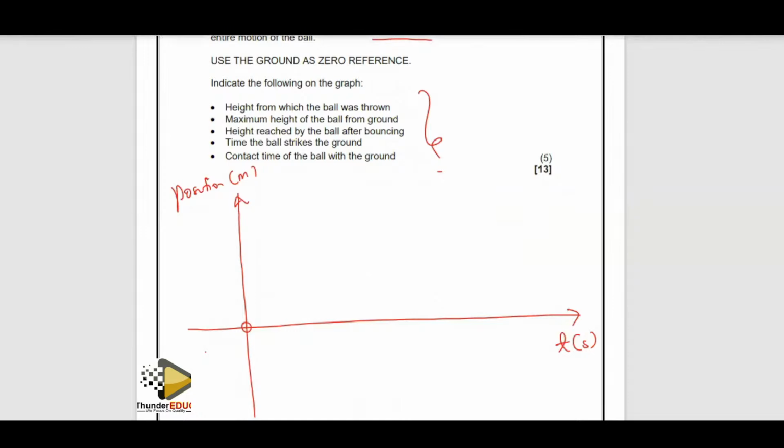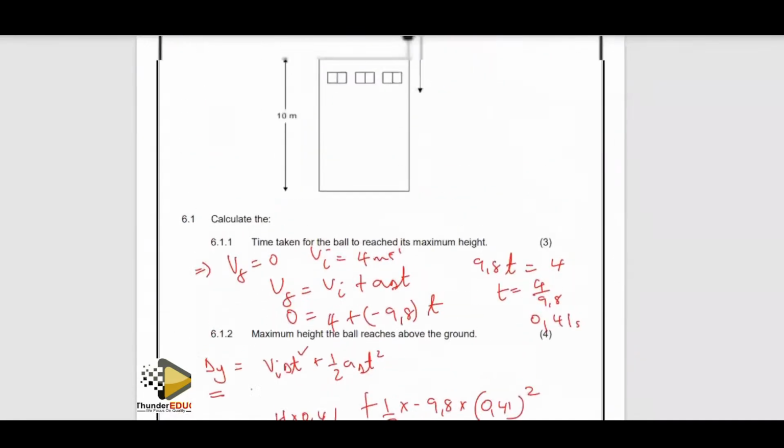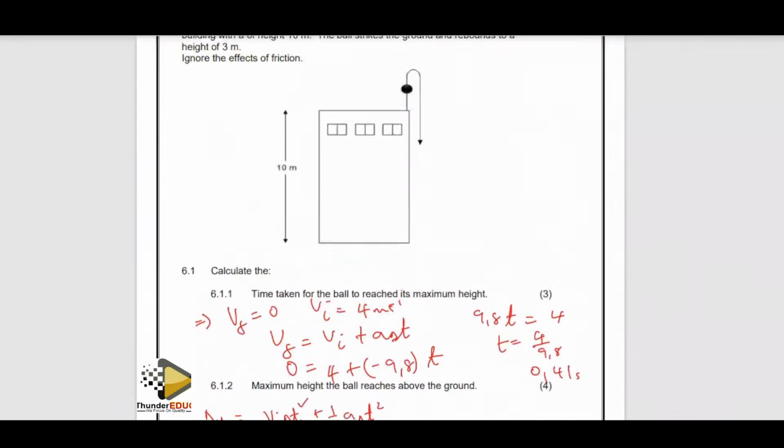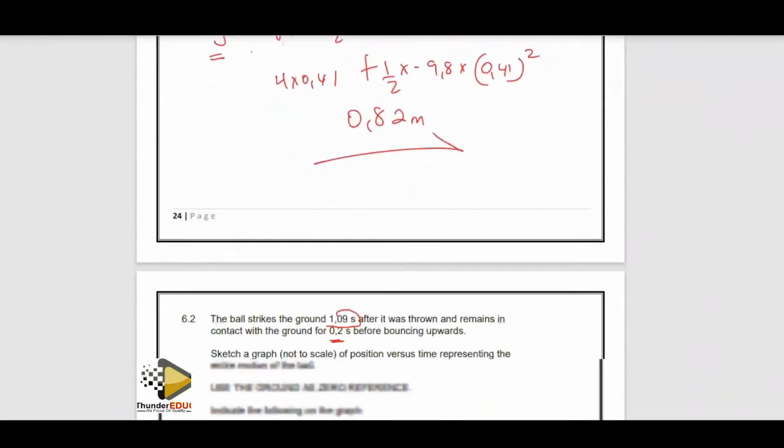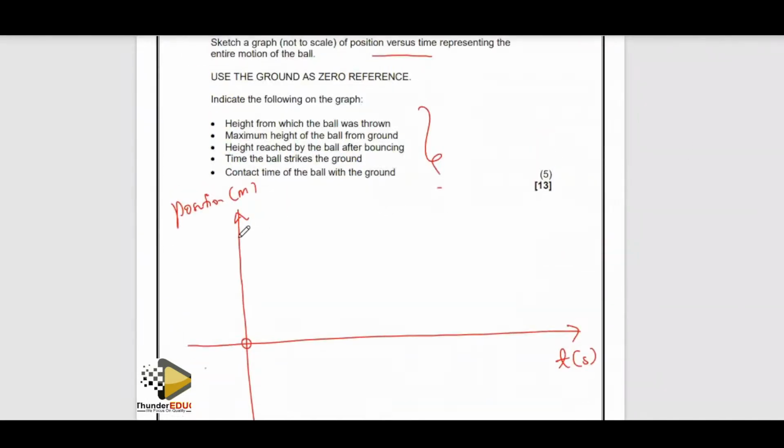At what point did the projection start? This ball was projected from 10 meters, which means our graph must start from a height of 10. Then this ball is going to move up to the maximum.